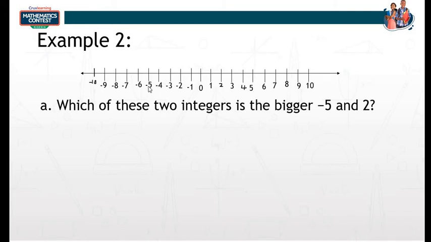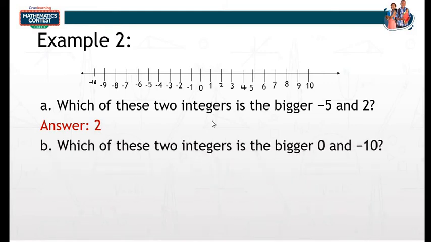Here is my minus 5 and here is my 2. Which one is on the right? Minus 5 is on my left and 2 is on my right, meaning that 2 is greater. So the greater is 2. Is that clear?